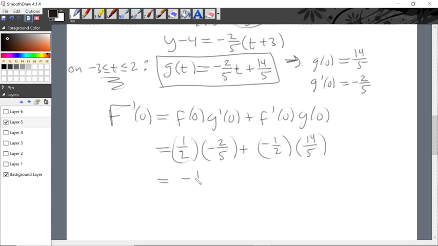So this is -1/5 minus 7/5, and that equals -8/5. So there's big F prime of 0.